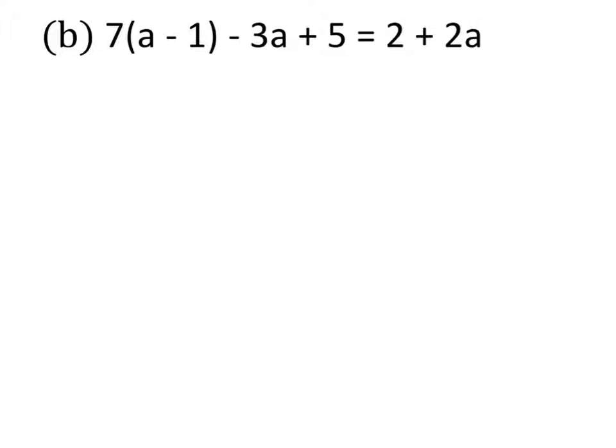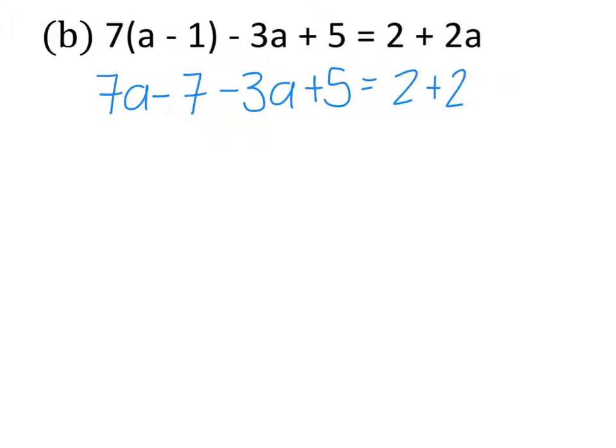7 part B is the second of our equations to solve. Once again, we're going to start by multiplying out the bracket. So 7 times a is 7a. Take away 7 times 1, which is 7. Then we have take away 3a plus 5 equals 2 plus 2a. So we're going to gather the letters to the left and the numbers to the right, as in the previous question.